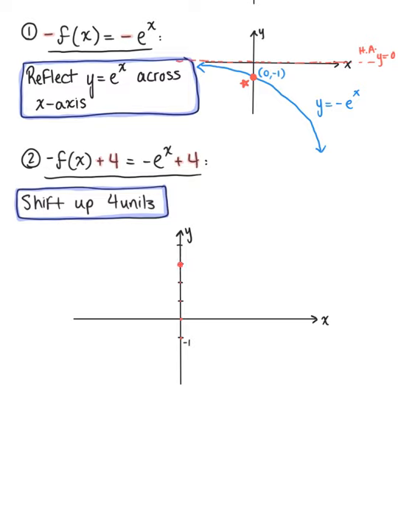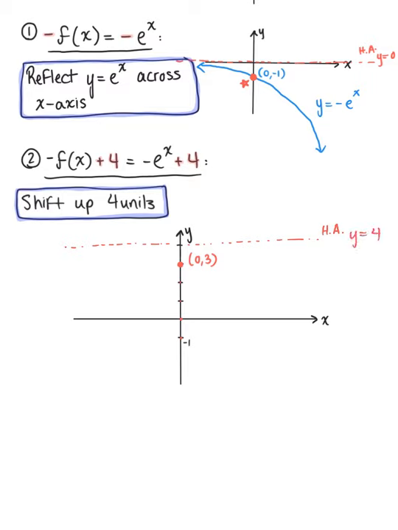So our new y-intercept is occurring at the ordered pair 0, 3, which means that the graph of this shifted exponential function is going to have a horizontal asymptote when y is equal to 4. So we'll draw a dotted line there to indicate that a horizontal asymptote exists. This is our horizontal asymptote at y equals 4.